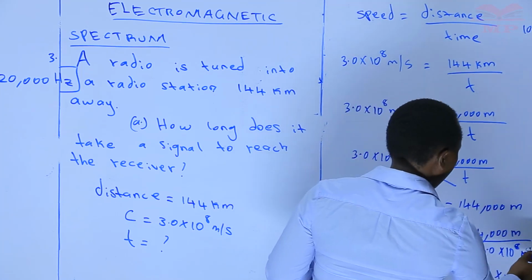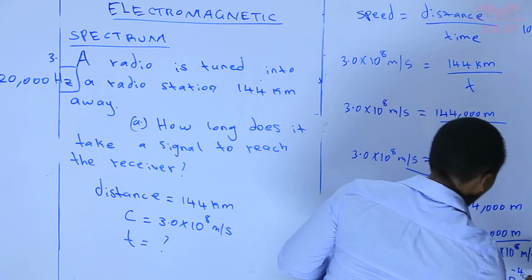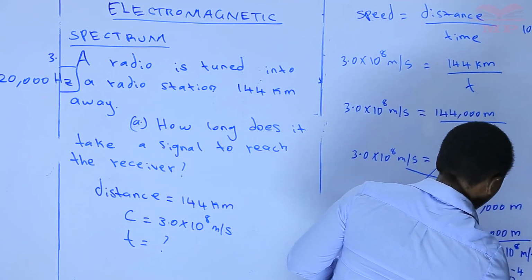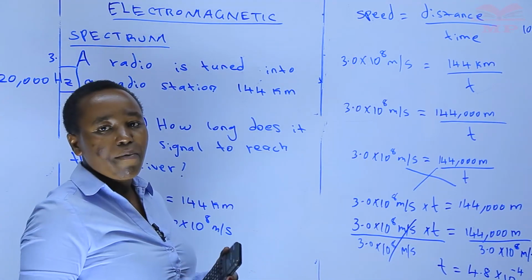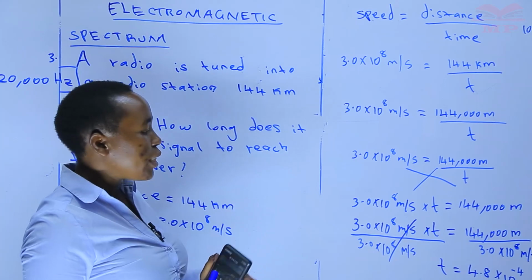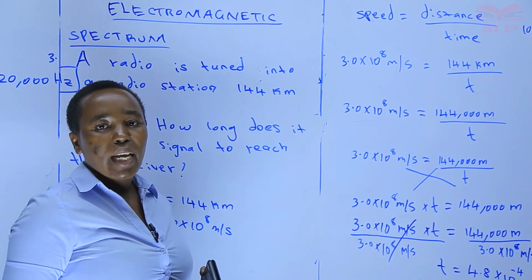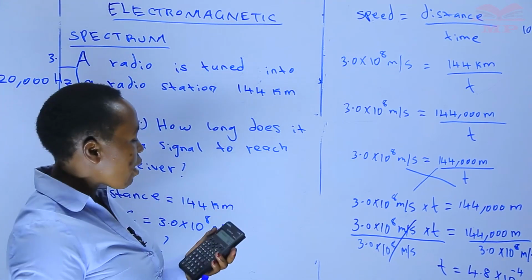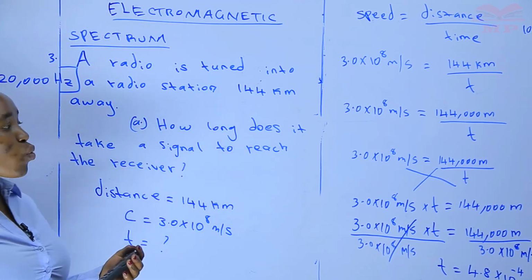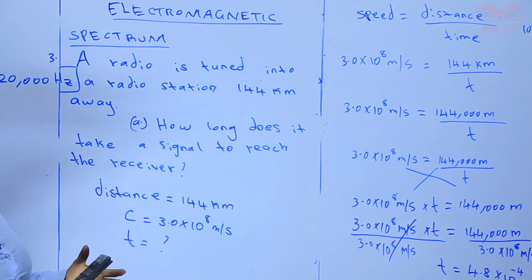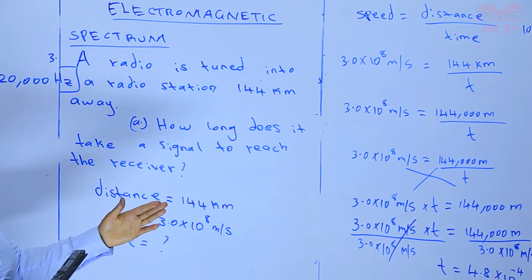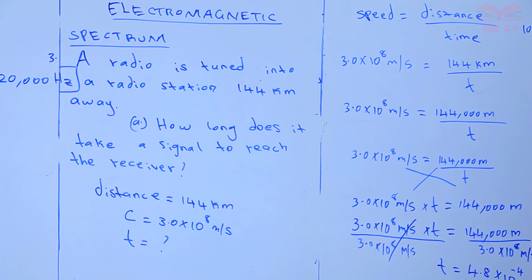This is time, and the meters is going to cancel. So we have seconds. It takes a very short time, 4.8 times 10 power negative 4 seconds, for the signal to get to the receiver from a radio station which is 144 kilometers away. So that's what we have as the time that will be taken.